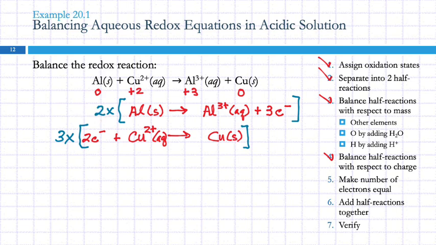I'm going to go ahead and do that. Maybe I'll do purple for this. So that's going to be 2 aluminums and 2 aluminum ions and 6 electrons. Down here I'm multiplying by 3. This is going to be 6 electrons and 3 copper ions and 3 copper atoms. Okay?